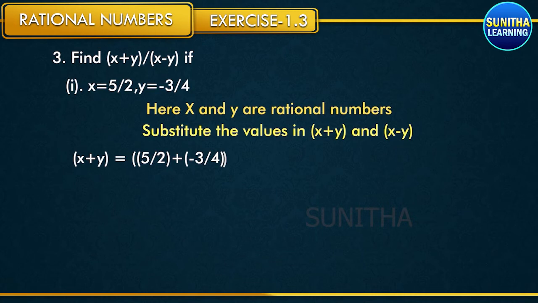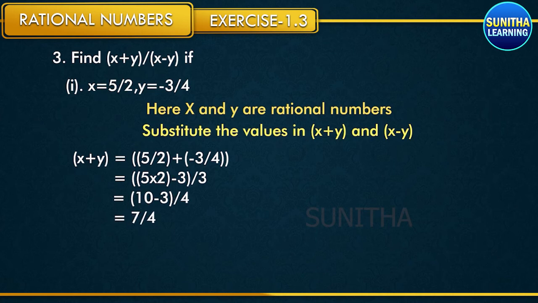So 5 by 2 plus minus 3 by 4, which is equal to 5 by 2, plus into minus gives minus. Clear? So 5 by 2 minus 3 by 4. Now here do the LCM. Two rational numbers separated by plus or minus, so simply go for the LCM. For 2 and 4, the LCM is 4.